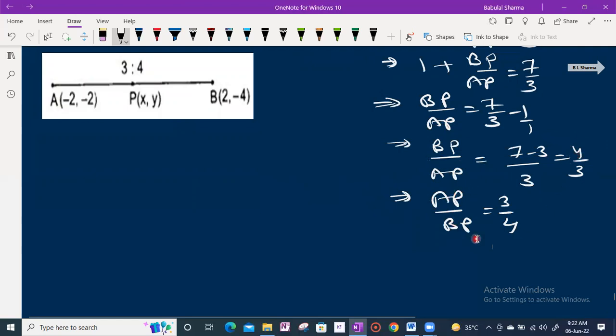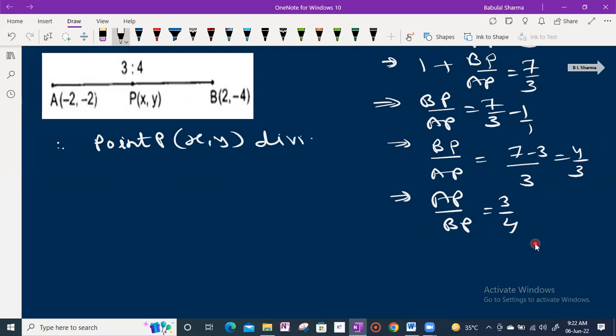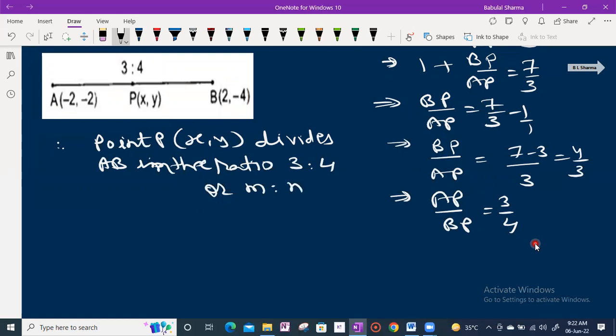So that is AP upon BP, that is 3 by 4, or we can say that point P, whose coordinates are x, y, divides AB internally in the ratio 3:4, or we can say m:n, that is 3:4. Yes. अब देखिए using section formula.